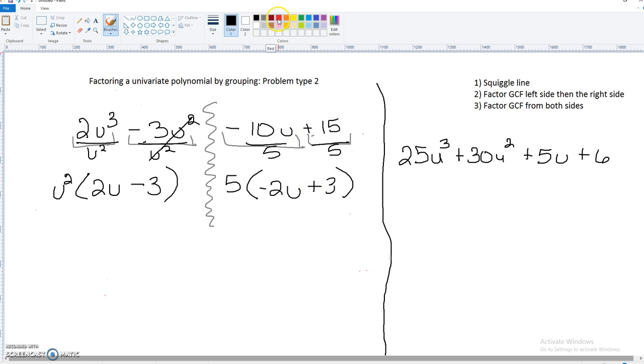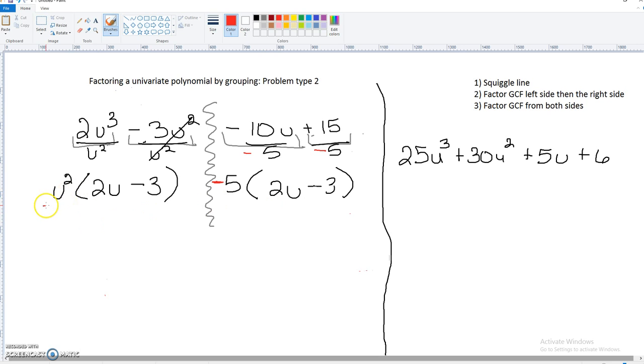But what I could have done, when I was finding that greatest common factor, is I could have taken a -5 out. Okay, so if I divide a -5, then -10 divided by -5 gives me a +2 and a -3. Well, now both sets of parentheses on both sides are the same.